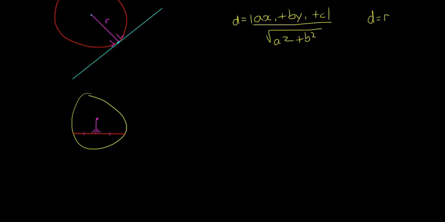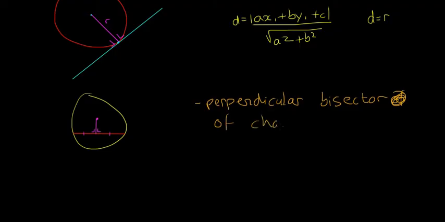Two, it's going to cut the chord into two halves. That's really about it, but again, that's quite important. So I'll say the perpendicular bisector of a chord.